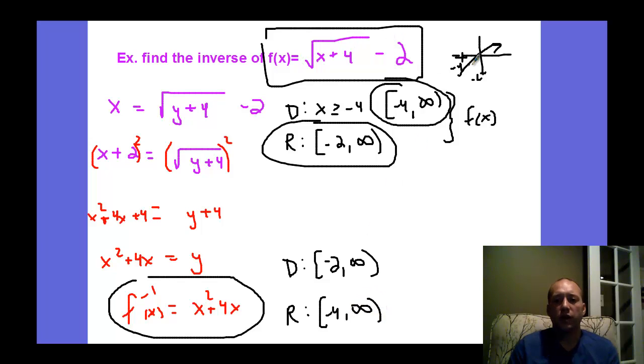Now why is this? Because if we look at the original graph of f of x, it's not a parabola. It's a square root. It's half the parabola. So when we actually graph the inverse, -2, -4 down here, we're only going to have half of a parabola.